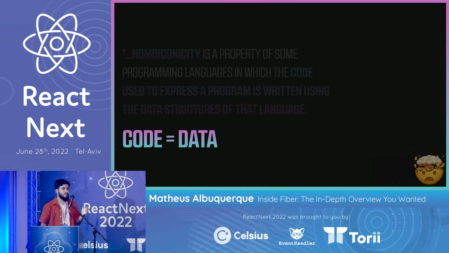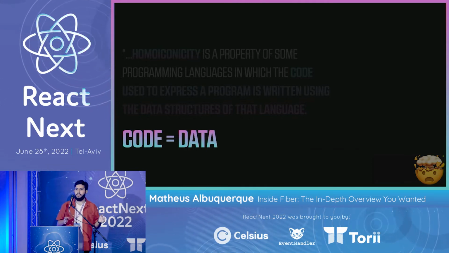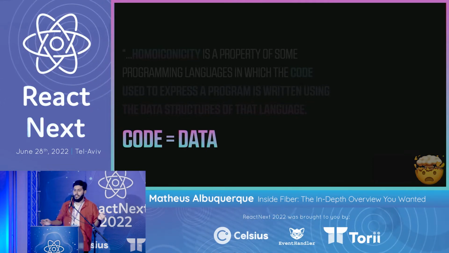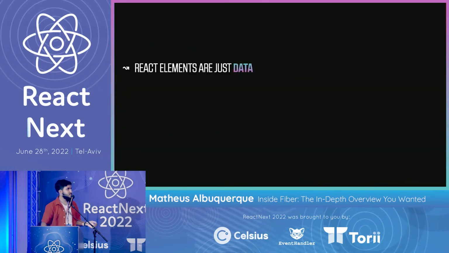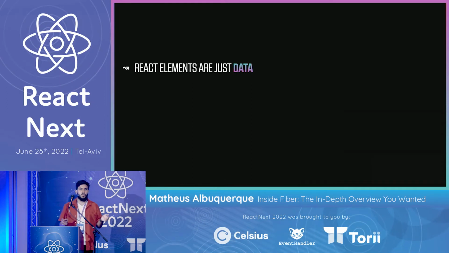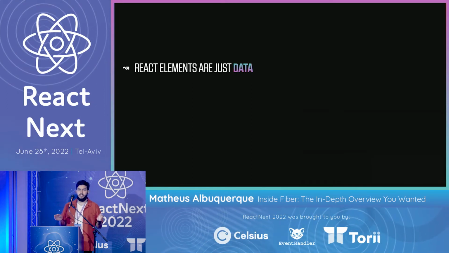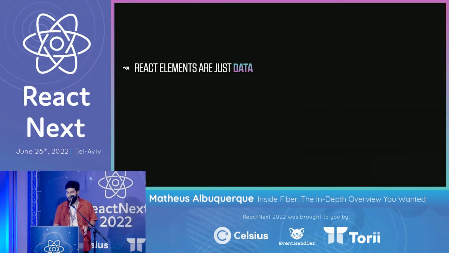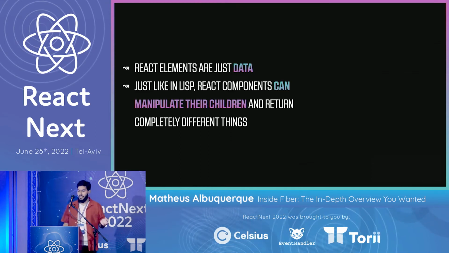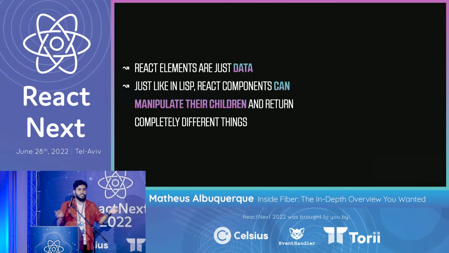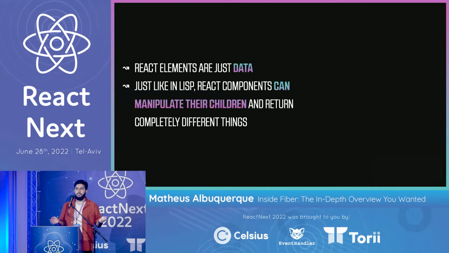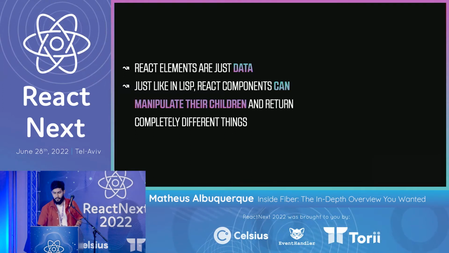For now, we can abstract the code we write in the languages as the data structures of that language. And why I'm talking about this? Because React elements, as we saw, are basically data, are collections of metadata about something. So just like in Lisp, our components can manipulate their children, for example, and do operations based on their metadata.